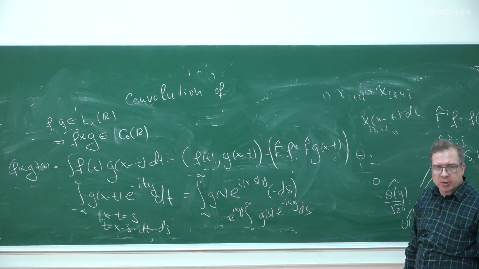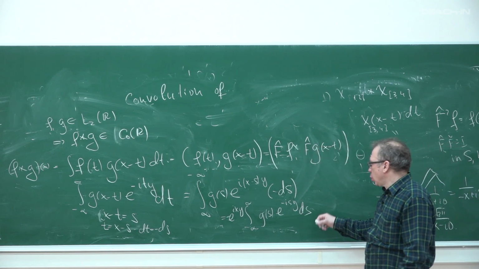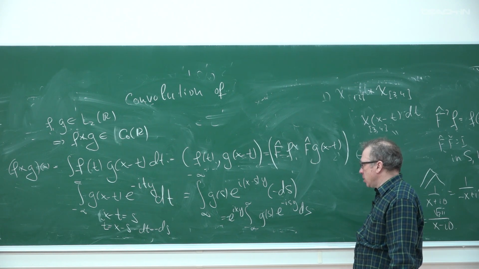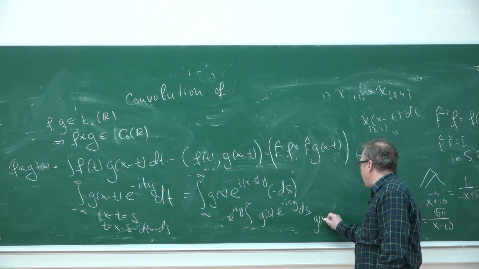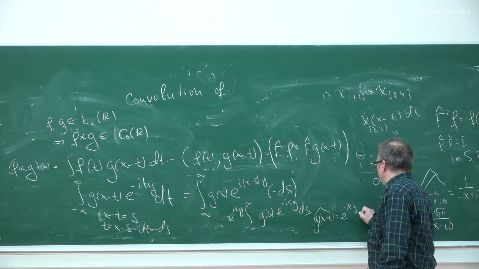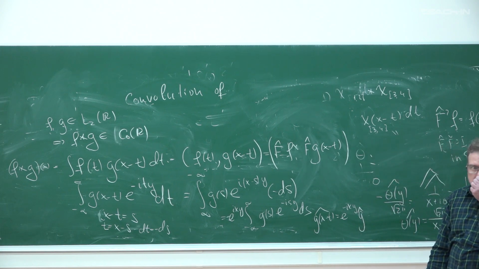So it is multiplication. We obtain that this Fourier transform equals this.